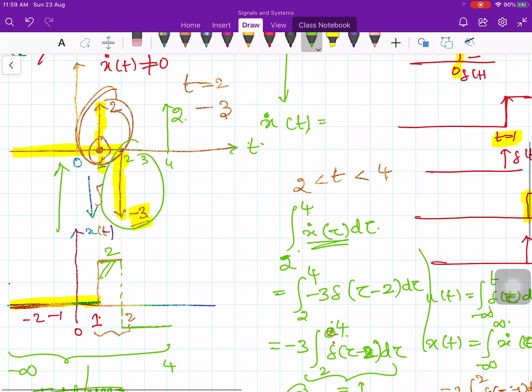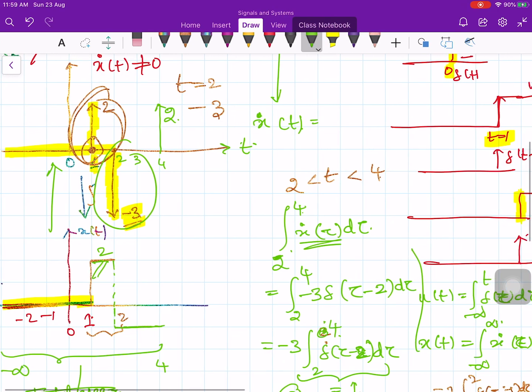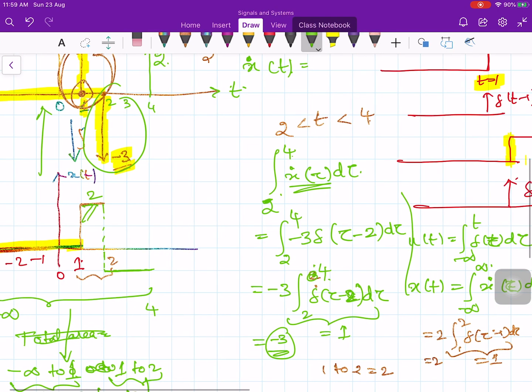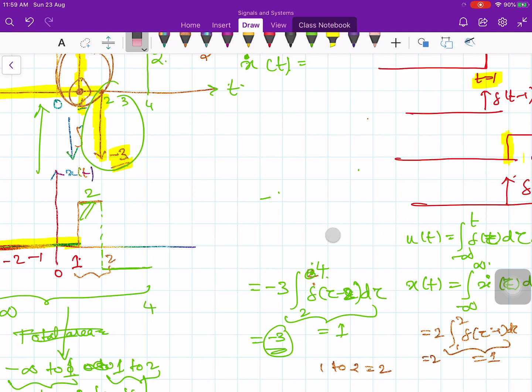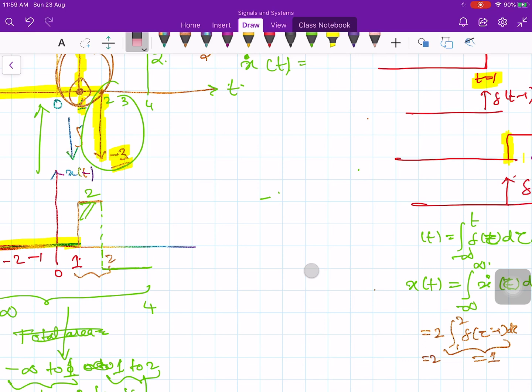Minus 1, fine. Then take the next interval, finally t greater than 4. Because I need the space, I am deleting this. If you consider t greater than 4, then what will happen? All three impulses will come in this region, so all three impulses are within the integration interval.